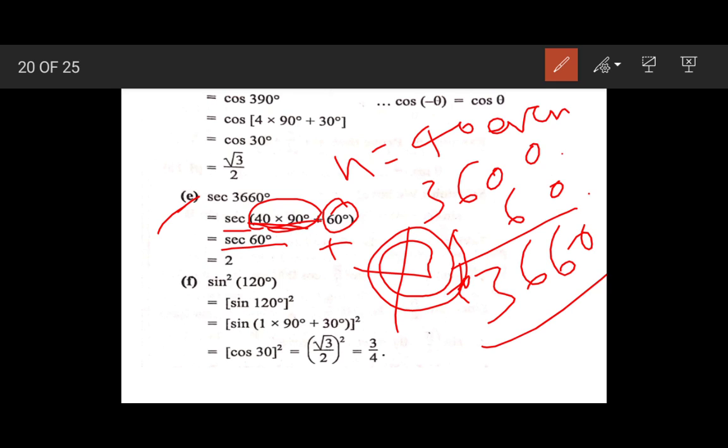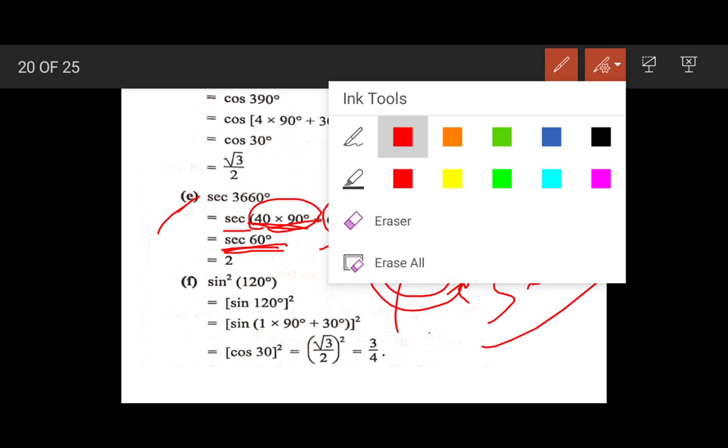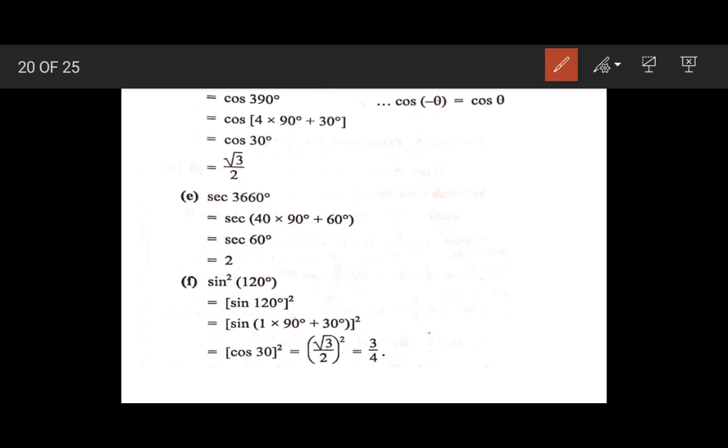Again in the first quadrant all trigonometric ratios are positive. Therefore sec 3660 degree will be positive, so plus sec 60 degree. Now the value of sec 60 degree is 2. So sec 60 degree is equal to 2.